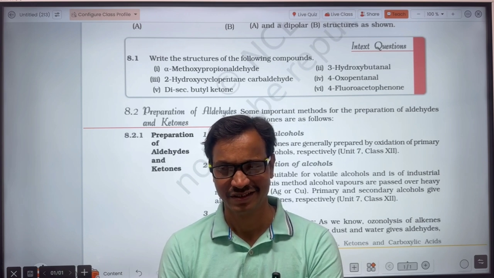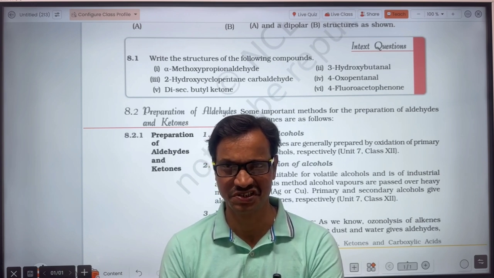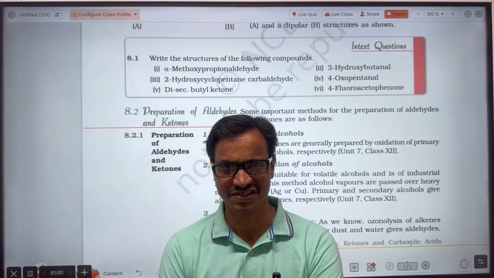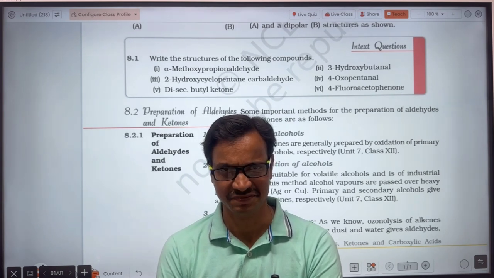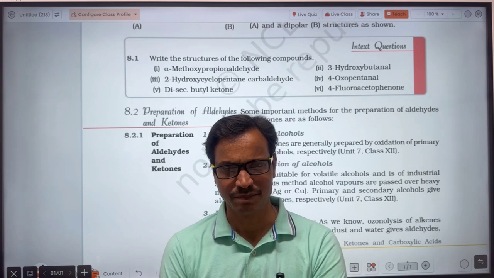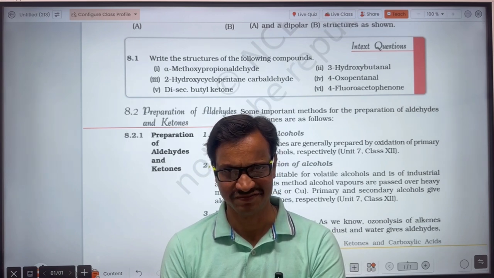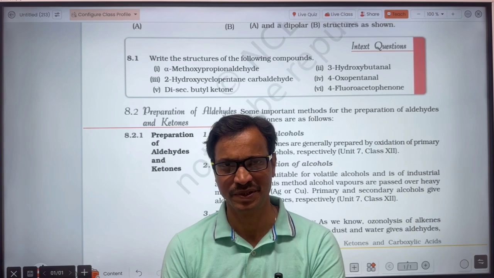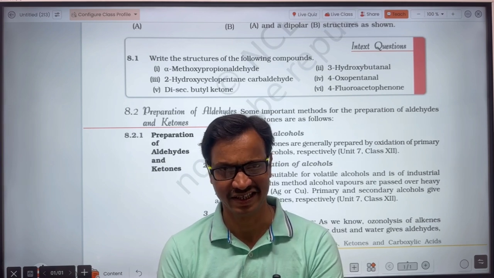The 3-degree alcohol is resistant to oxidation, but under vigorous conditions it is oxidized to form carboxylic acid. So the chemical properties of alcohol can be used as a method of preparation of aldehyde.